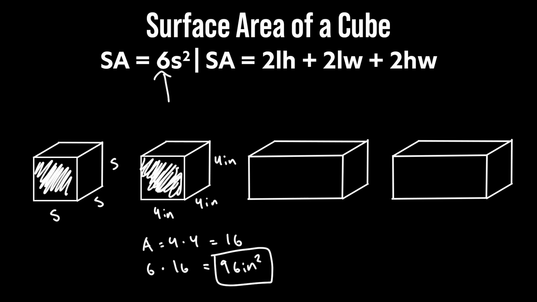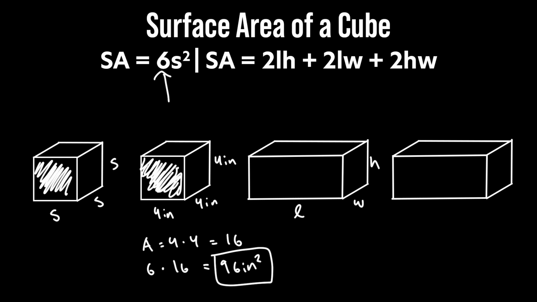Well, the difference between a rectangular solid and a cube is that for a rectangular solid, not all the sides are going to be the same length. So instead of s, s, and s, like the cube, it would be something like length, width, and height. The reason we can use s for the cube is because all the sides are the same length, so we just call it side. But for a rectangular solid, the sides are different lengths.